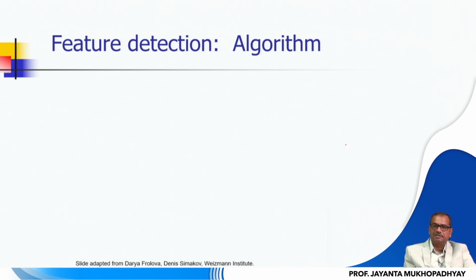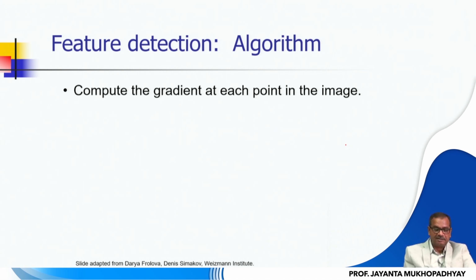So, the feature detection algorithm could be simply stated in this fashion: we compute the gradient at each point in the image, which means I have to compute these quantities Ix and Iy, and then I have to take the neighborhood statistics. After computing Ix square, I should perform the average of Ix square. Usually we do it by Gaussian smoothing and take the average. Similarly, I compute Iy square and take the average, and then I compute IxIy and take the average.